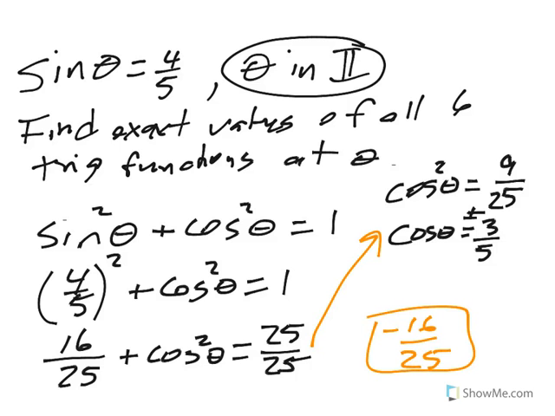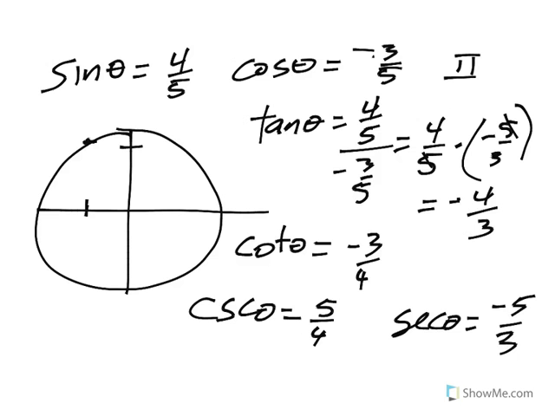Just to back up, I said, all right, I'm on a unit circle. Sine squared plus cosine squared is 1. I'll square that fraction, move it over, take the square root, and yes, I cooked these up so that the square root was nice. Figure out whether it's plus or minus based on what quadrant you're in.